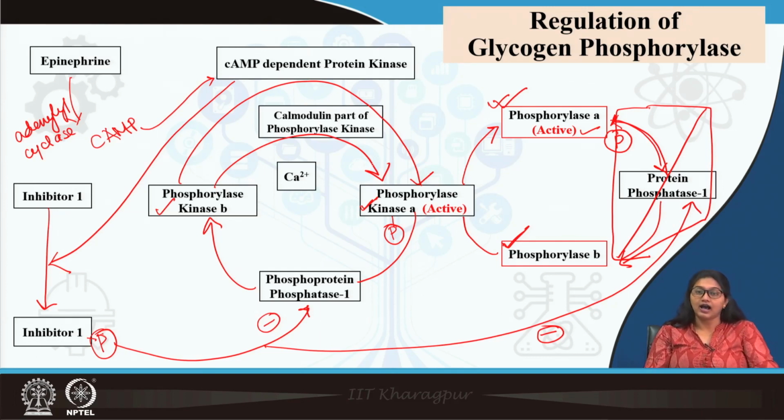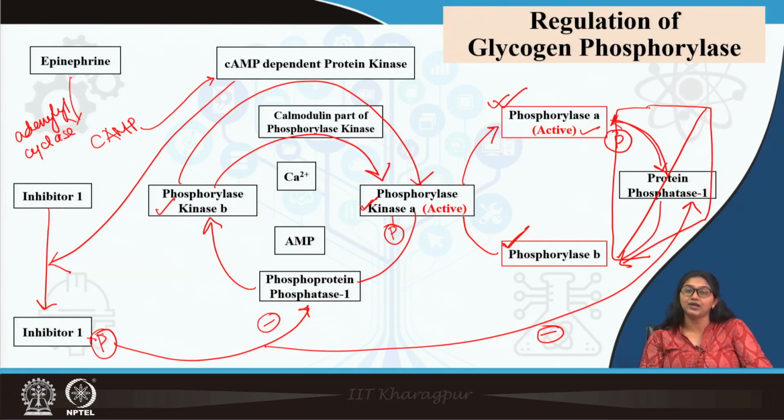Similarly, another allosteric activator is AMP. If you remember from the previous classes, AMP signals energy demand. If there is energy demand, there is less ATP present. This molecule activates those pathways which can provide energy.